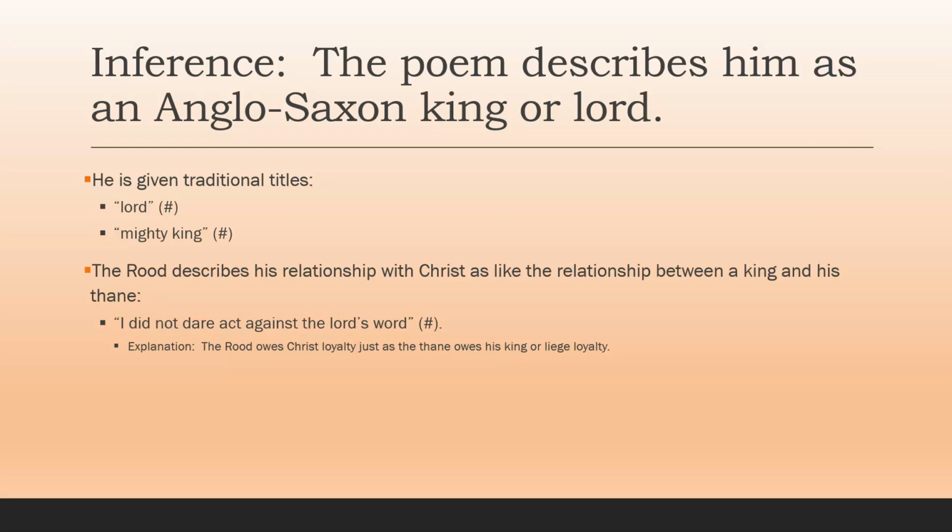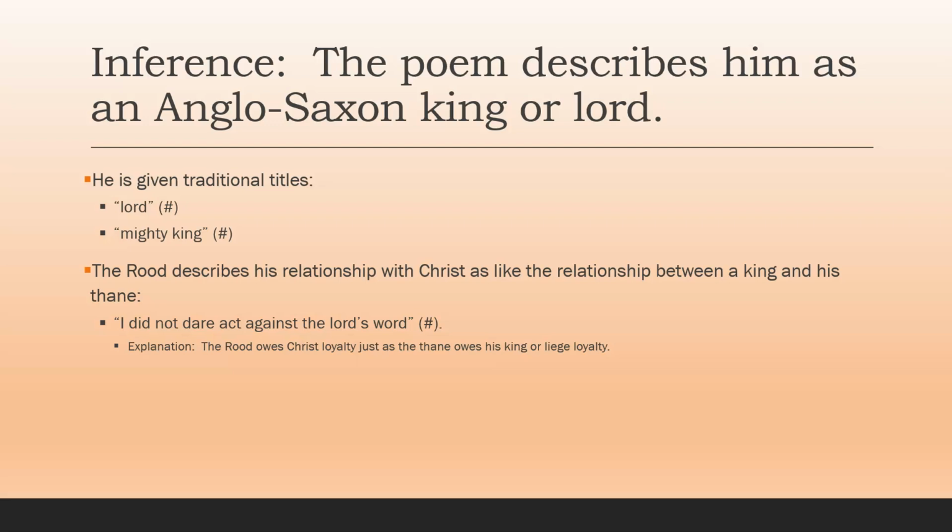There we go. Then with the second lesser inference, the Rood describes his relationship with Christ as like the relationship between a king and his thane. That supports the description of Christ as an Anglo-Saxon king or lord, but again, needs further explanation for us to get to the analogy being made in that second lesser inference.